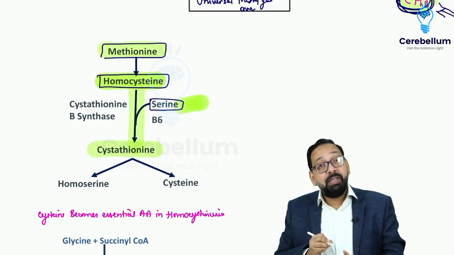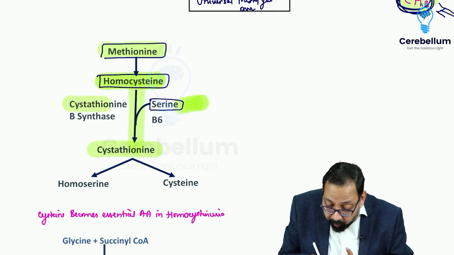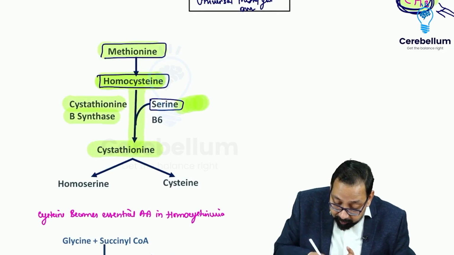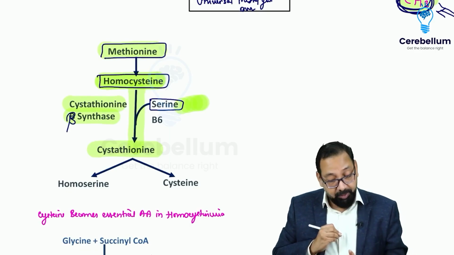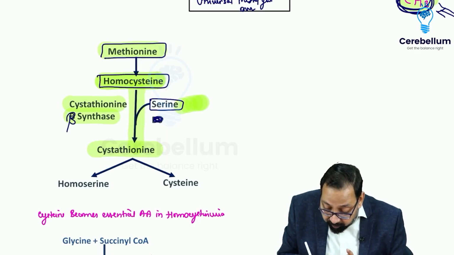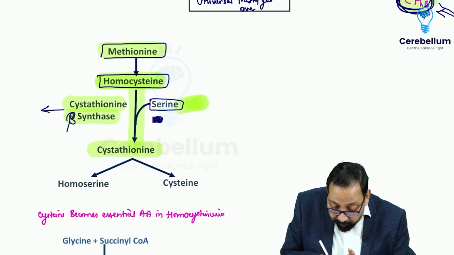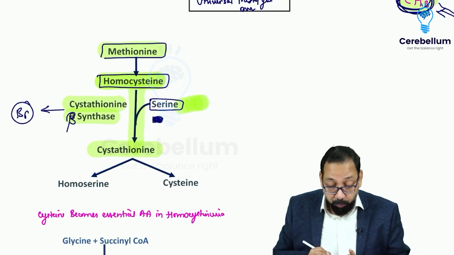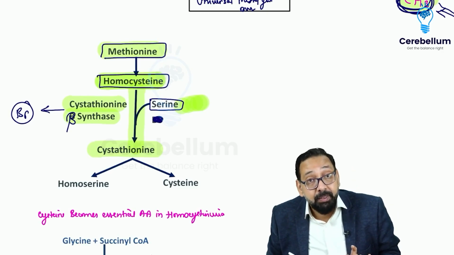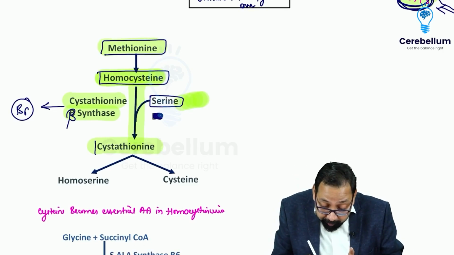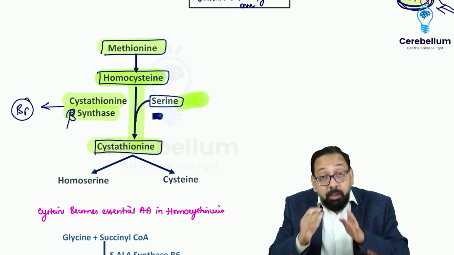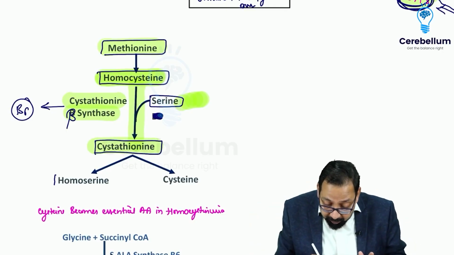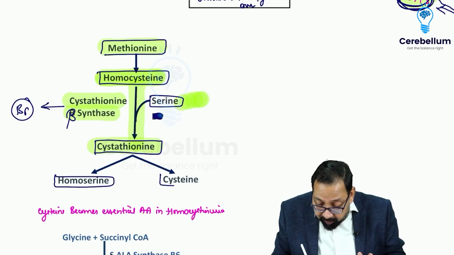And the name of the enzyme is cystathionine beta synthase. The cofactor for this cystathionine beta synthase is vitamin B6. This cystathionine is further dissociated into homoserine and cysteine.